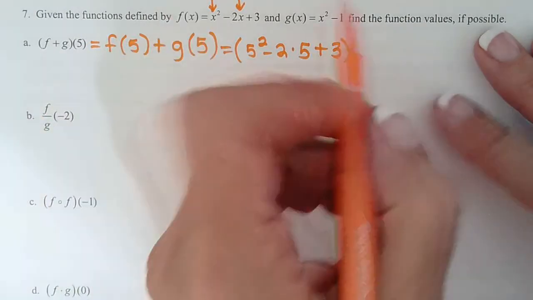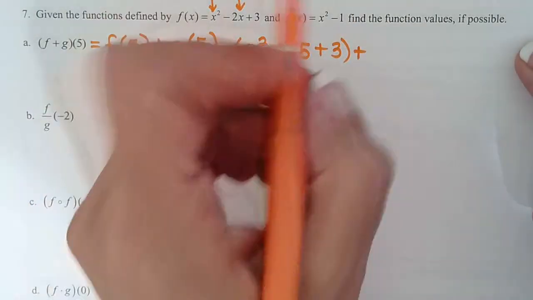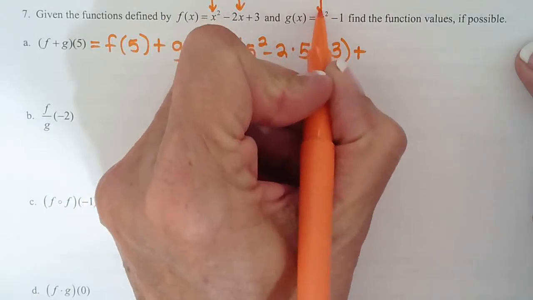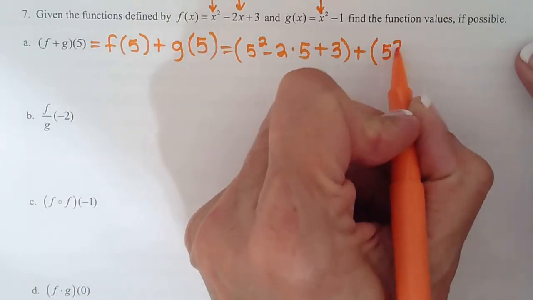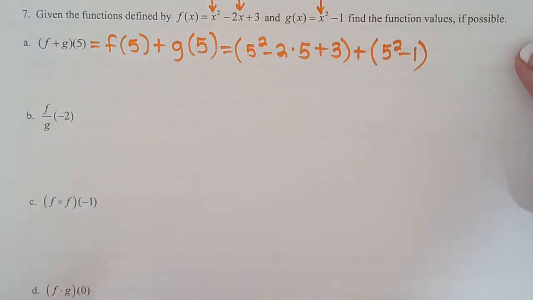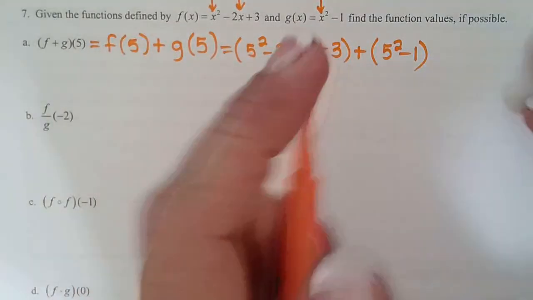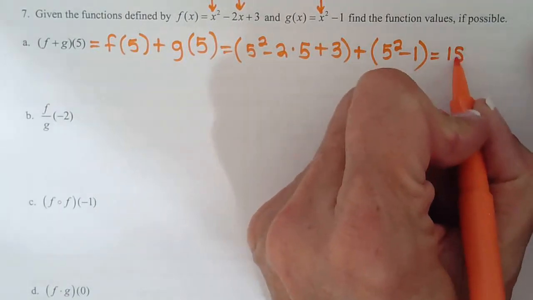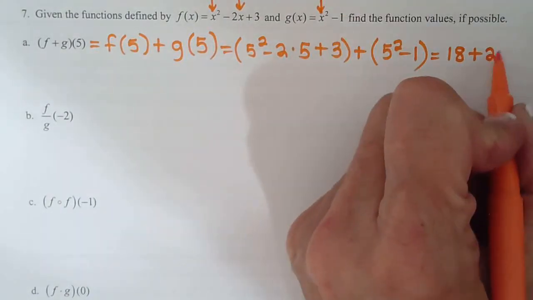And then we're going to add that to, this says go into g. Everywhere you see an x, replace it with 5. 5 squared minus 1. So this is 25 minus 10, 15, 16, 17, 18. Plus 25 minus 1, 24.